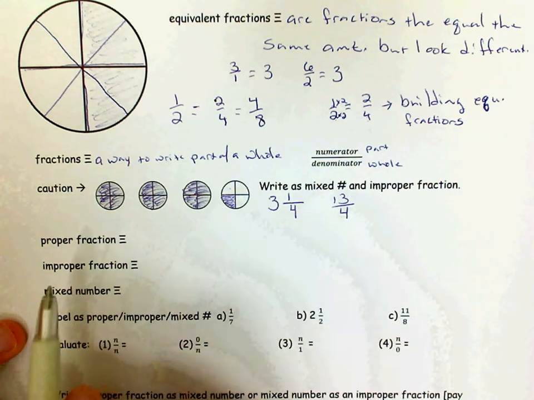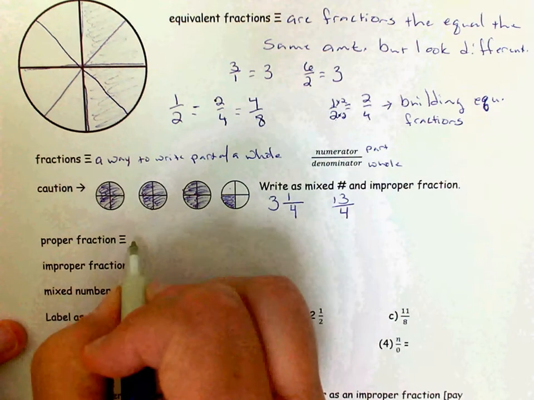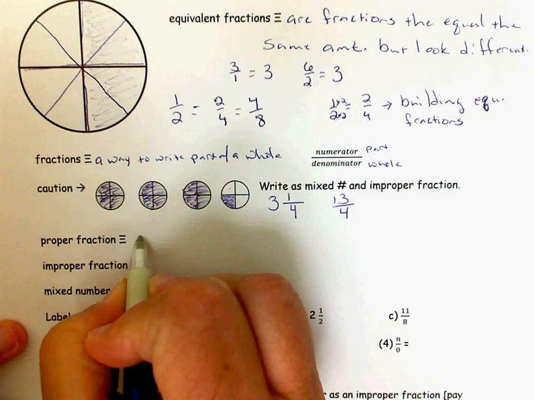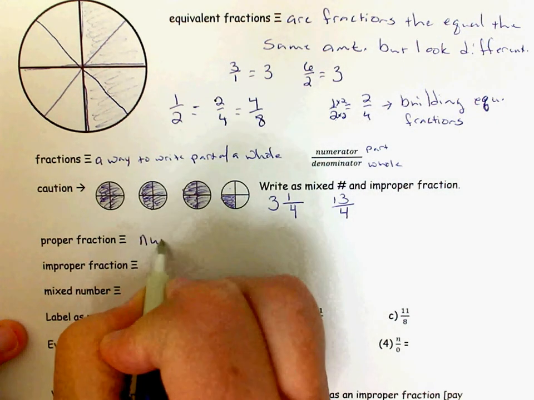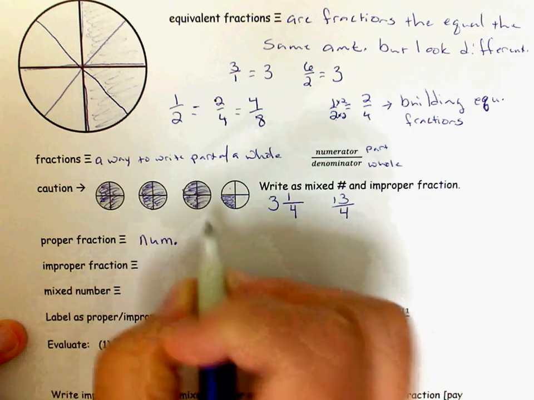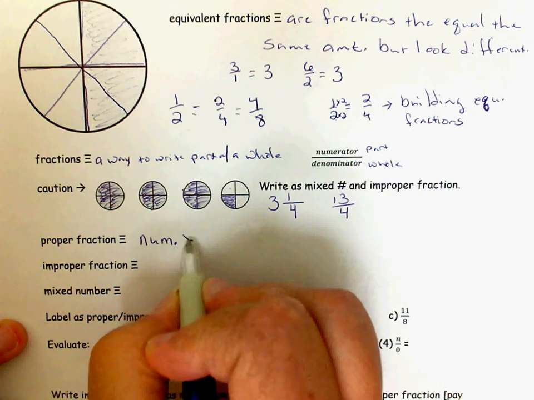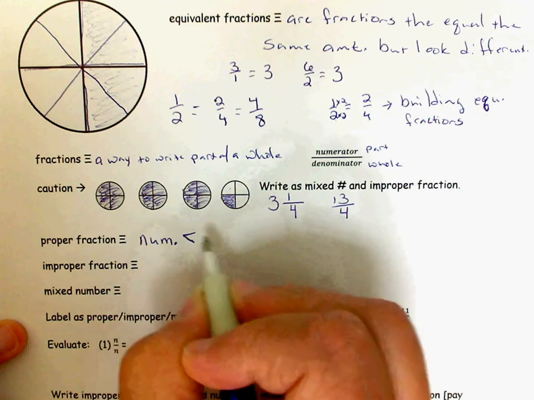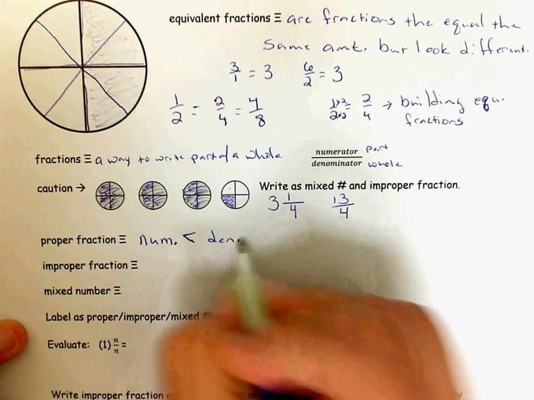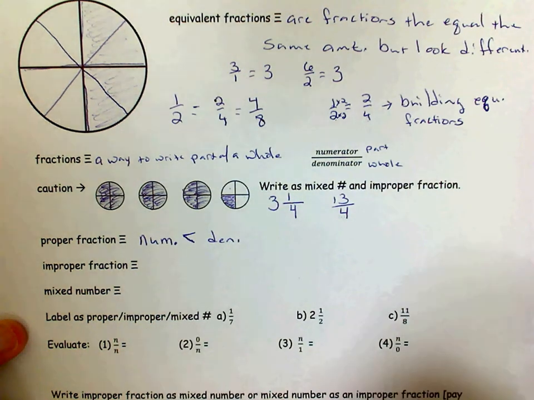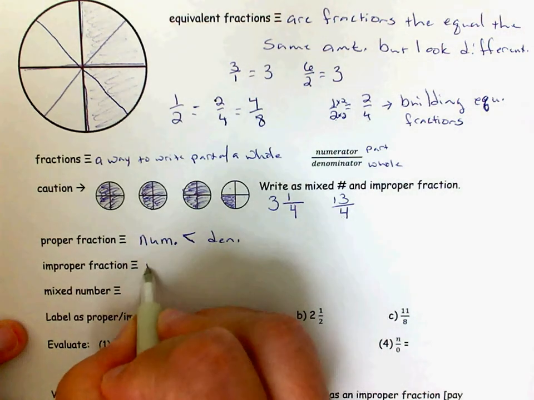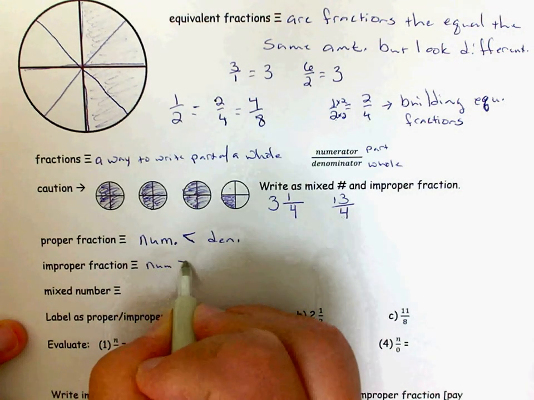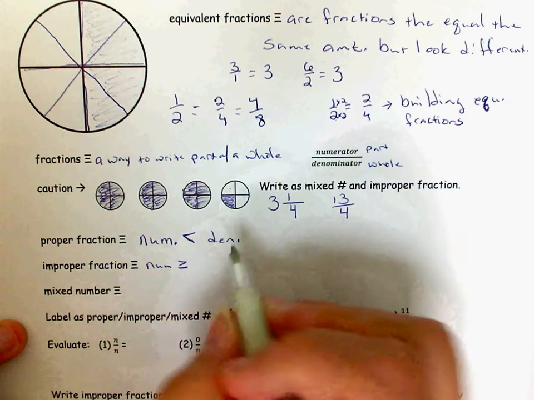Now a proper fraction is a fraction such that the numerator has to be smaller than your denominator. An improper fraction is where the numerator is either bigger than or equal to the denominator.